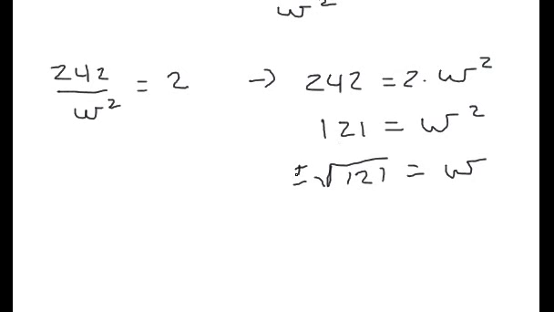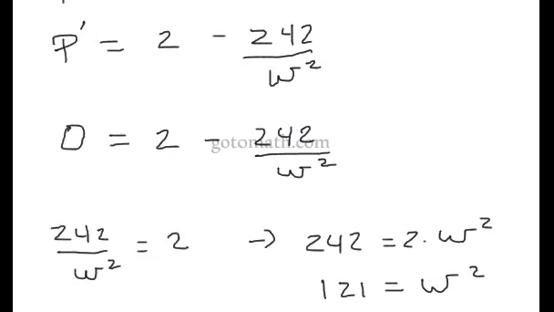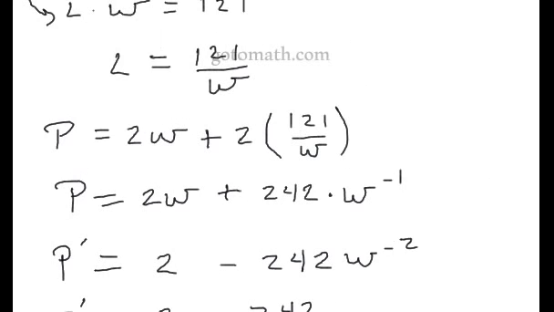So we found W, and of course we're going to be using the positive part of this, and we can break this down a little bit more. The square root of 121, if I remember back from 4th grade, this is 11. Alright, this is 11. 11 squared is 121. Well, we found our W, and now what we're going to need to do is find L. So let's go up here, remind ourselves what that relationship is, and here's the relationship right here.